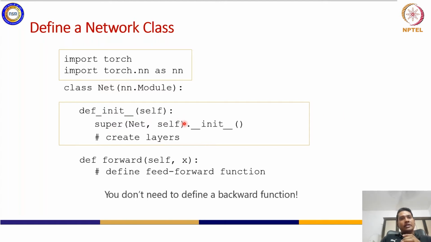As you can see, these are just regular definitions for the initializer of a class in Python. We will not go into the details of these statements. And then another function you need to define is the feed forward function, which is the forward pass that we are talking about. So how the input will flow from input to output.